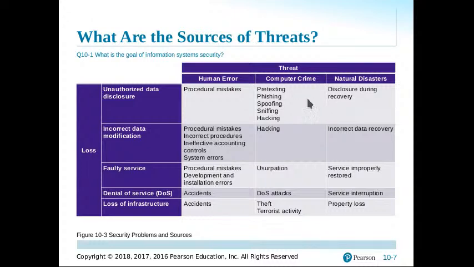So here are some examples. For example, from human error, like making some mistake, doing a wrong step, following a wrong procedure, we may leak information, or we may have some data disclosure. Or maybe because of a bad guy trying to cheat, trying to hack into the system and get the information.